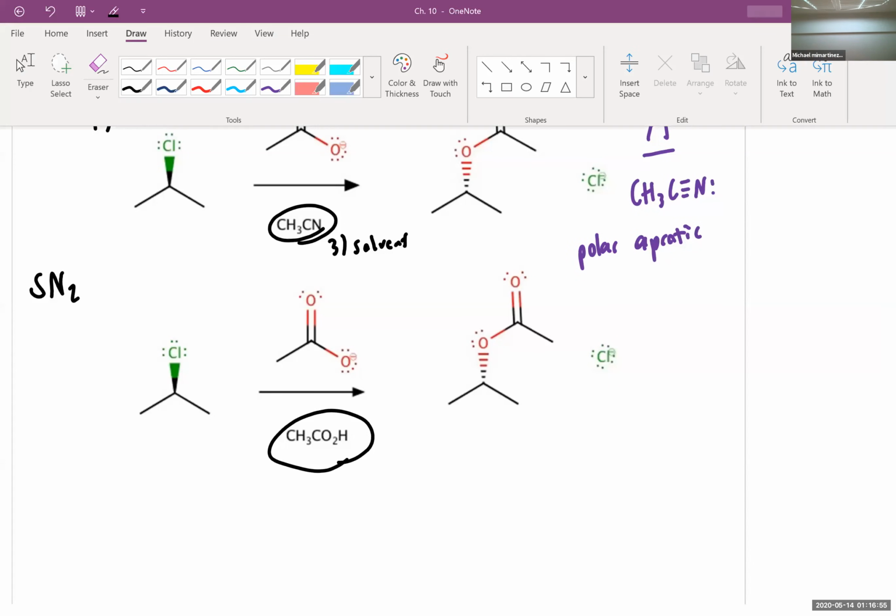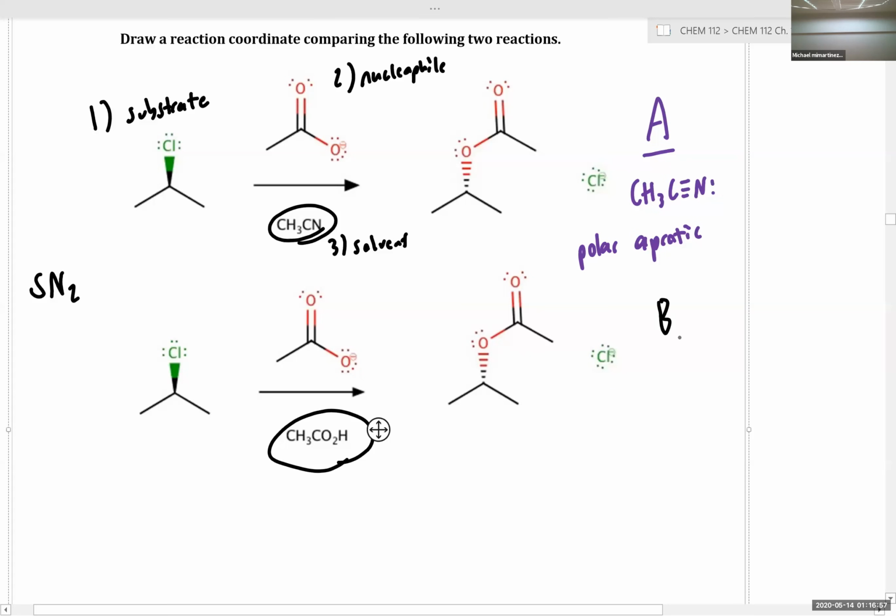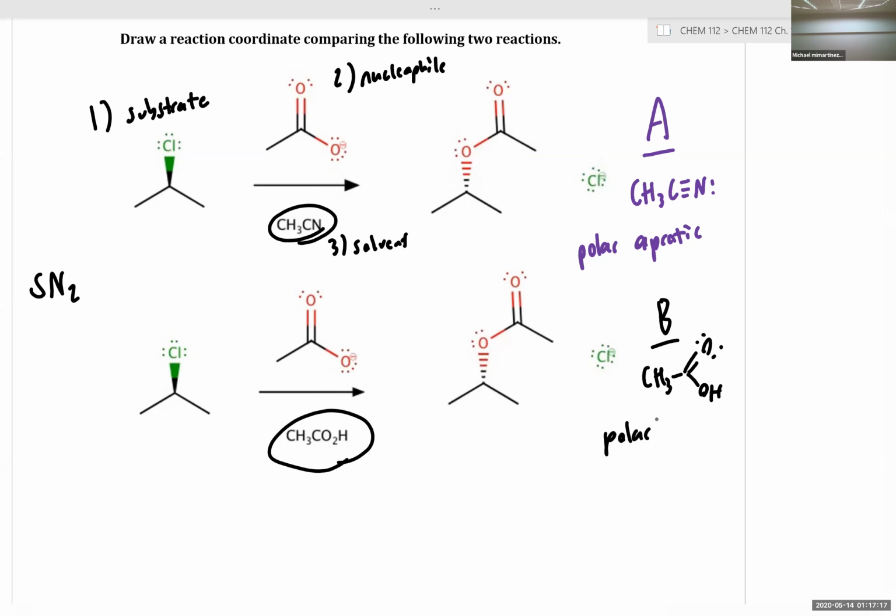Now, if we look at acetic acid, CH3 with our carboxylic acid, is that a polar protic or polar aprotic? Acetic acid. Can it form hydrogen bonds? Yep, it's protic.